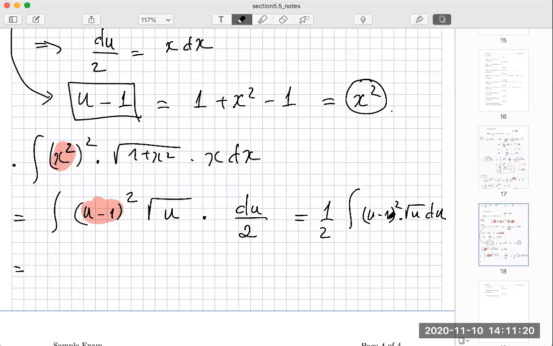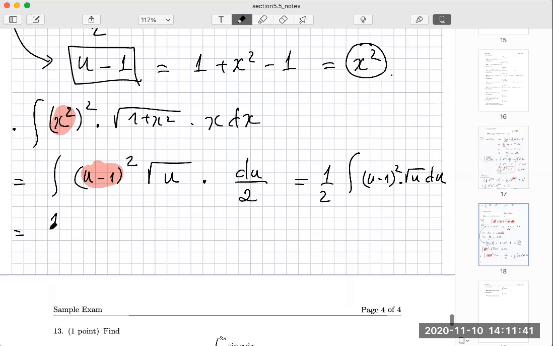It looks complicated, right? Can we make it simpler? Very good. We expand this perfect square first. Thank you, Gary.